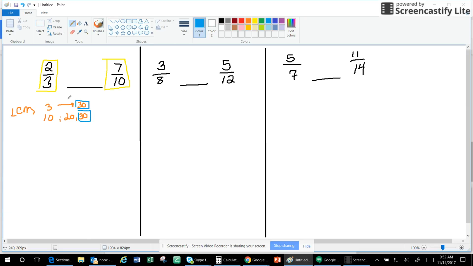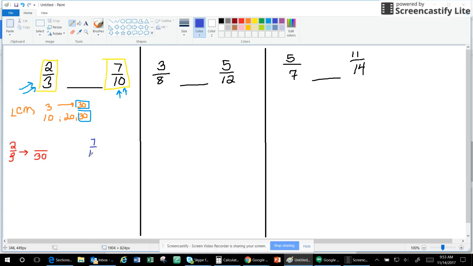Now the trick is that I have to get these denominators to be that least common multiple. So the goal is that I want to see 2/3 turn into something equivalent that has 30 as a denominator, and I want to see the same thing happen with 7 over 10.